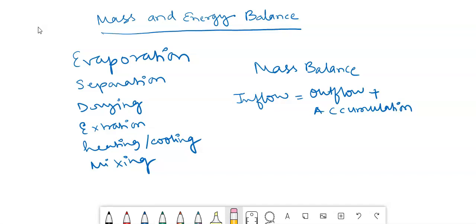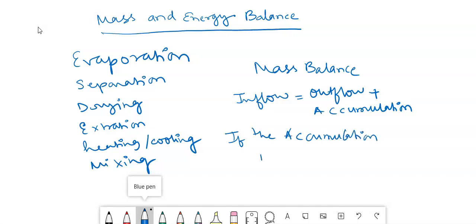Now, if the accumulation is 0, then it is a steady state. Okay.